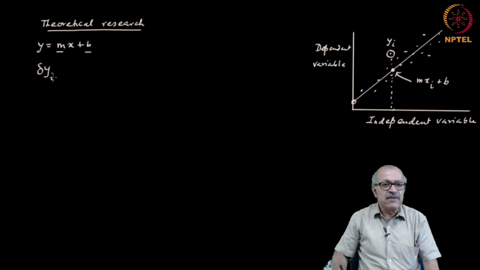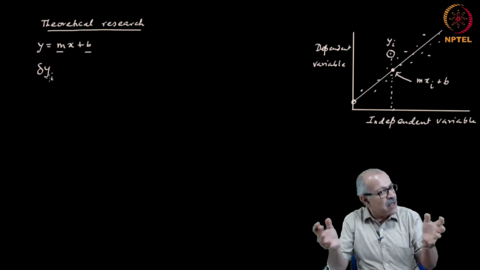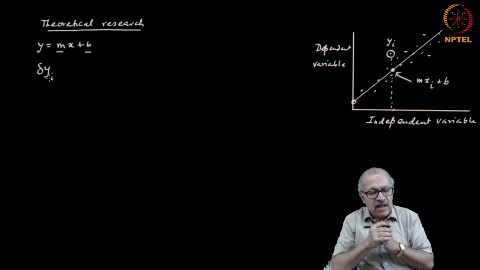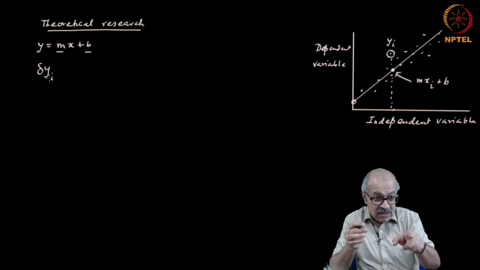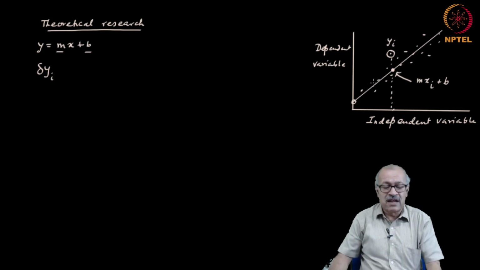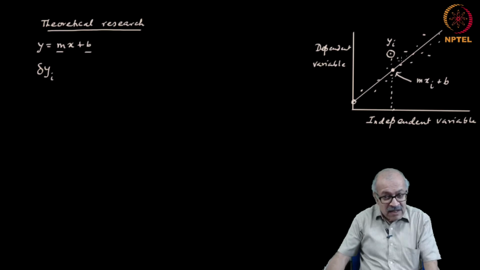If these have a distribution, then there should be a mean and a standard deviation, right. How do you calculate the standard deviation of the deviation from the straight line fit? While we do that, we are assuming that we have estimated m and b, thus we have estimated the straight line, and now we are talking about the deviation from that.